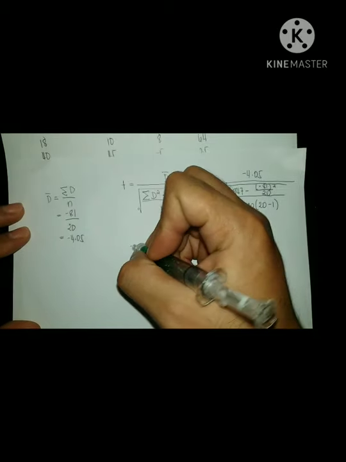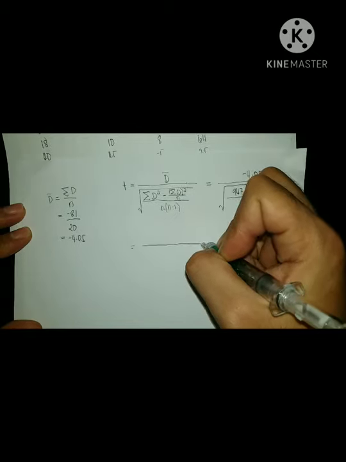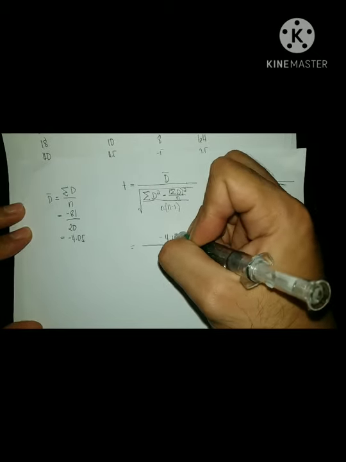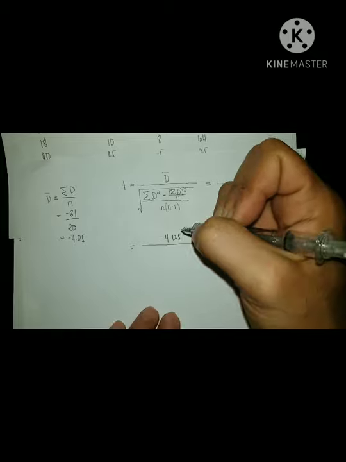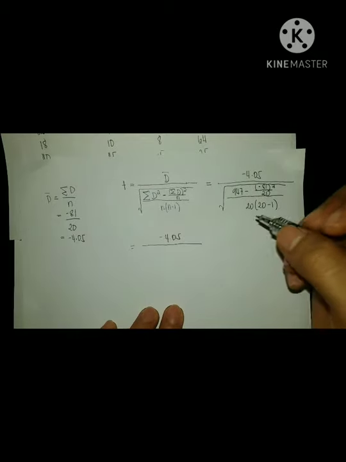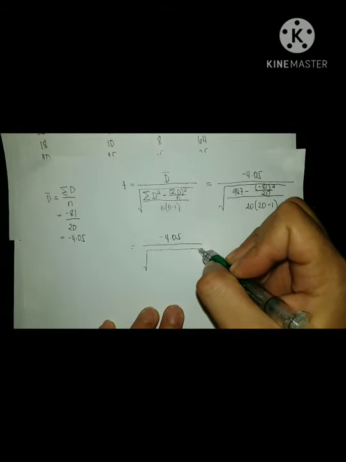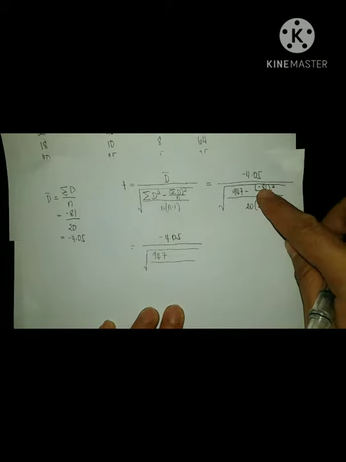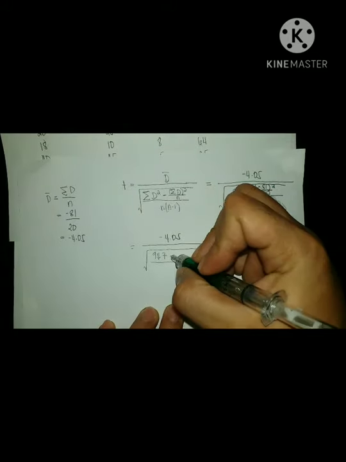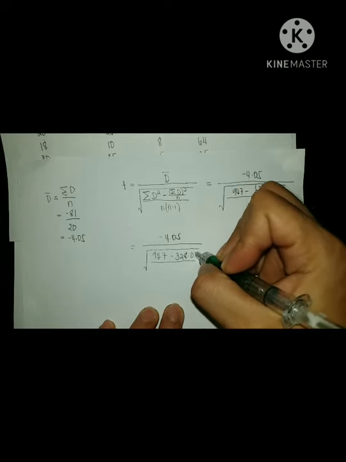So that will be equal to negative 4.05 over the square root of 947. Negative 81 squared divided by 20 is equal to 328.05.